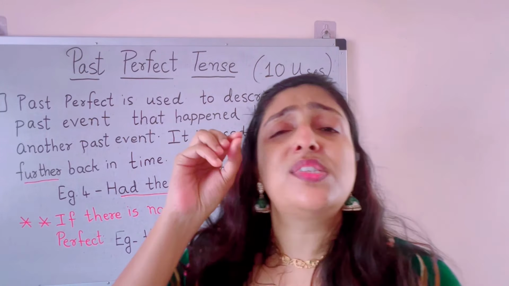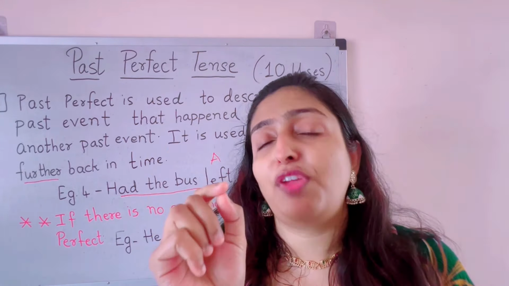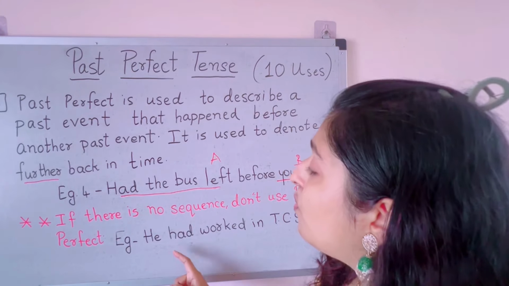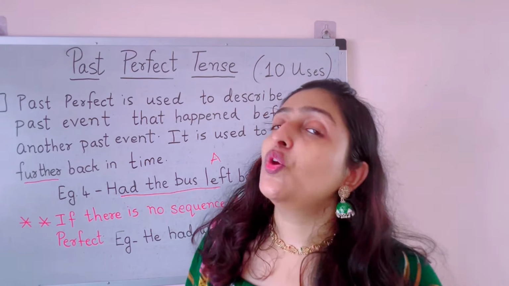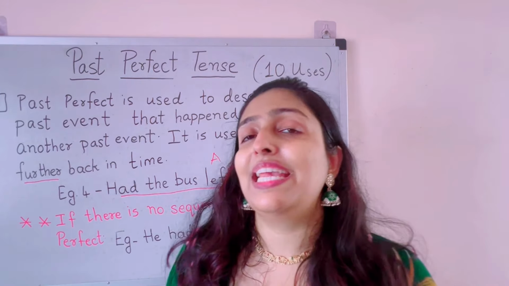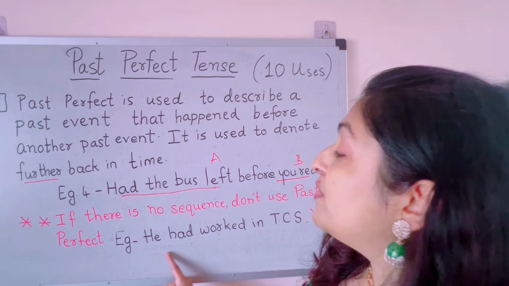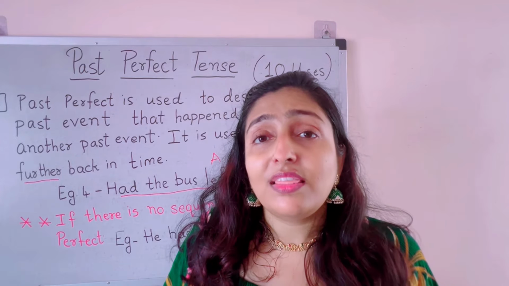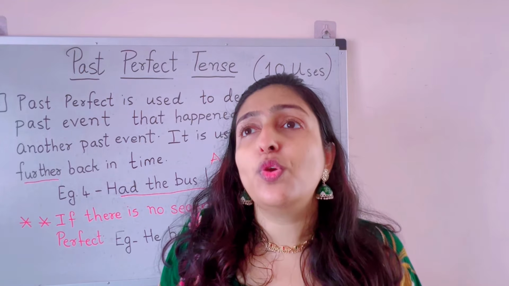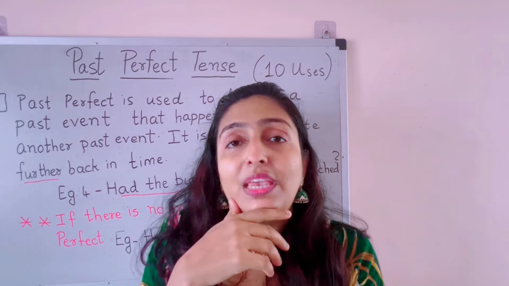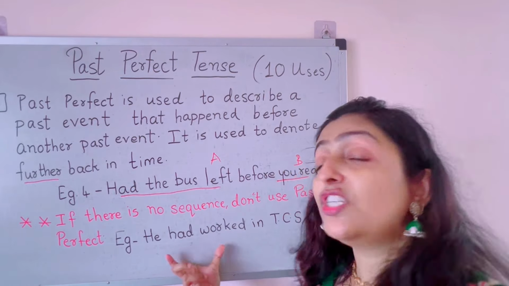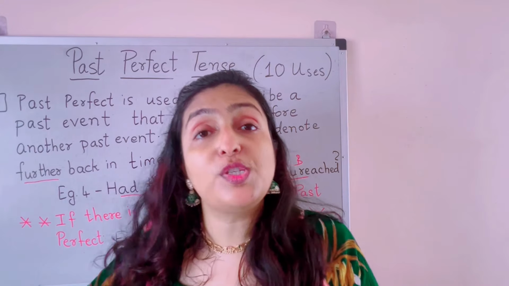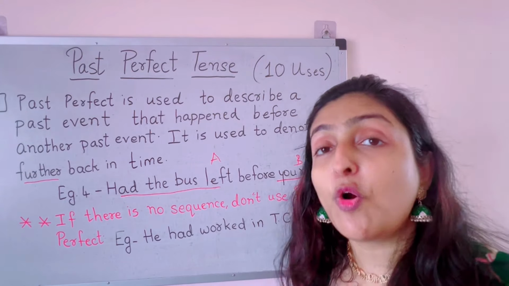This sentence denotes a specific point of time. And what is the error in this? You need to say he worked in TCS. If you say he had worked in TCS, it means the one who listens to you is waiting for something. It means the sentence is incomplete and I'm expecting something to be continued. I hope you're getting it.